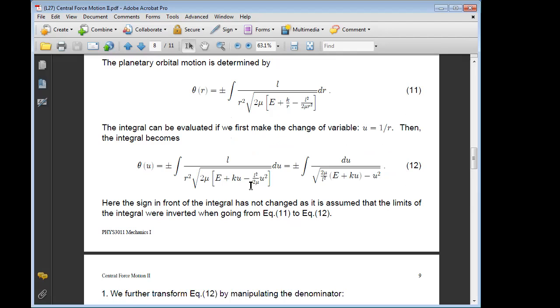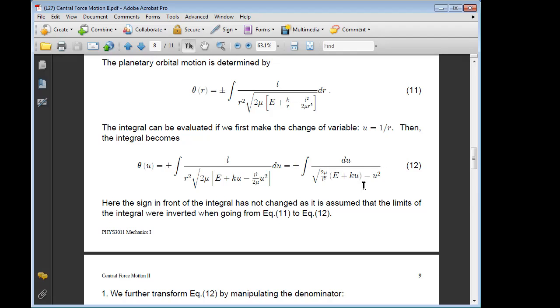Now, if we do that, the integral can be simplified a lot, as you can see in equation 12. The integrand is equal to 1 over the square root of this term.